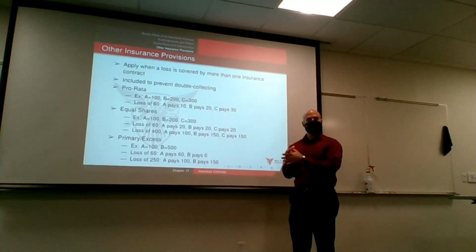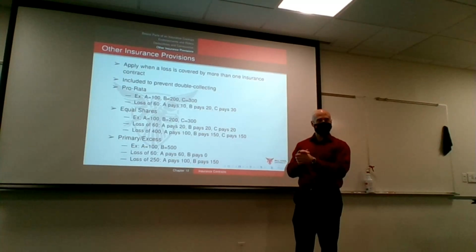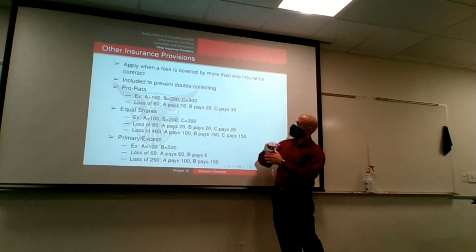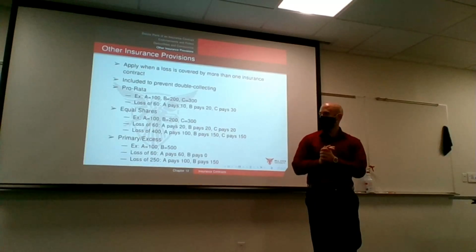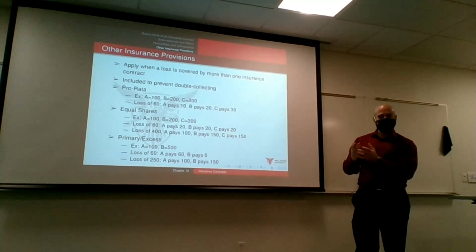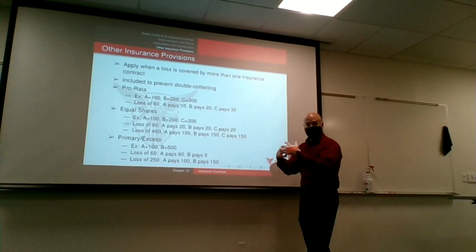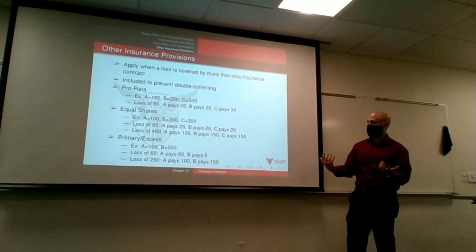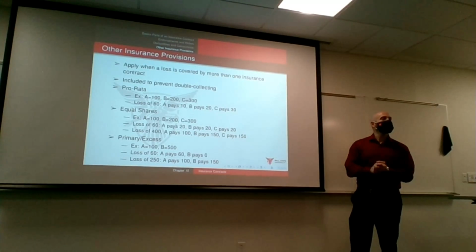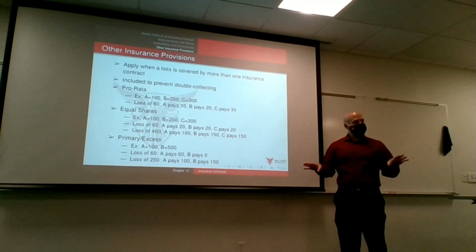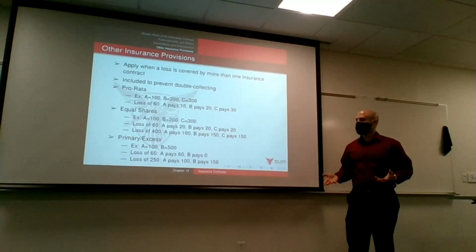So if there's a $60,000 loss, they pay 1/6 of that, which is 10. B is going to pay 200 out of 600, or 1/3. 1/3 of 60 is 20. C is going to pay 300 out of the total 600 coverage, which is half. Half of the $60,000 loss, 30,000. Okay, so it's just a proportional share based on the coverage.